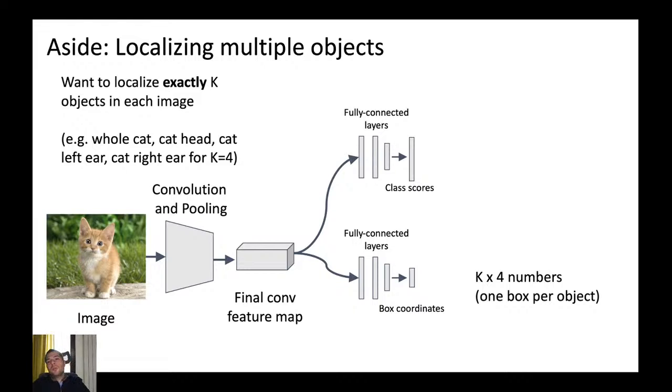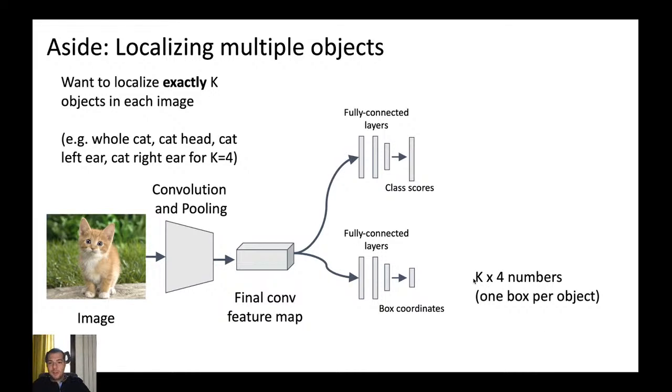And we can also apply this architecture in order to localize multiple objects. This can be trivially done just by making sure that the network predicts the number of objects that we want to localize times the 4 numbers for the bounding box. So we have 1 bounding box per object, and we have here k objects.